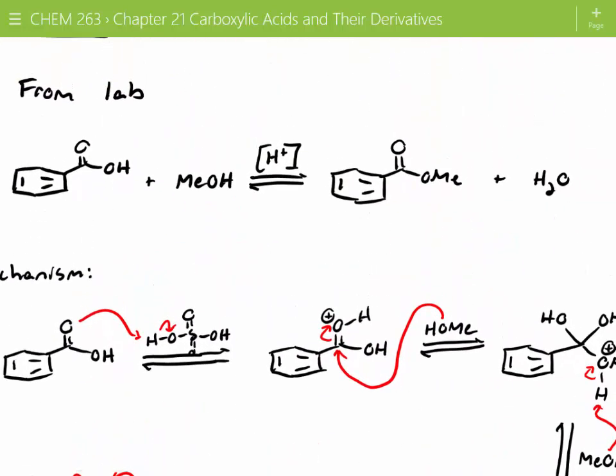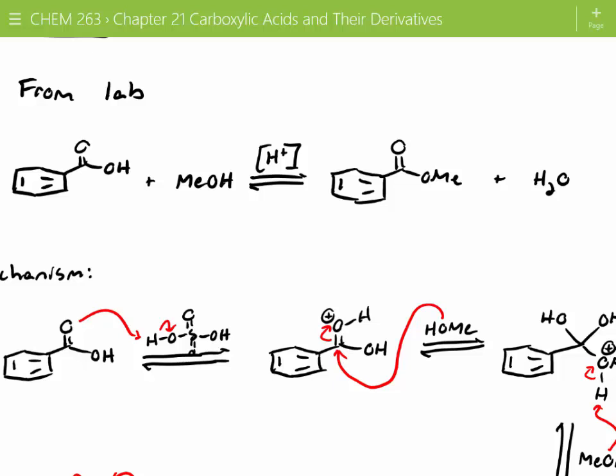If you look at your starting materials, you had benzoic acid. Did you only add one equivalent of methanol? You guys added a ton of methanol, right? You guys flooded the reaction with methanol. And so if you're thinking about Le Chatelier's principle, it says if you have more starting materials, you can drive the reaction to the product side.